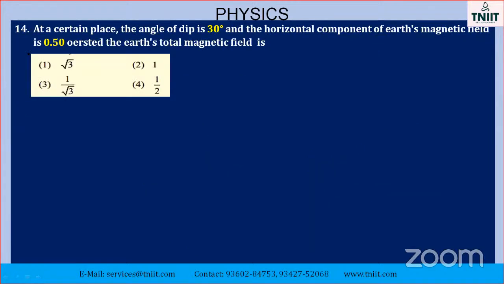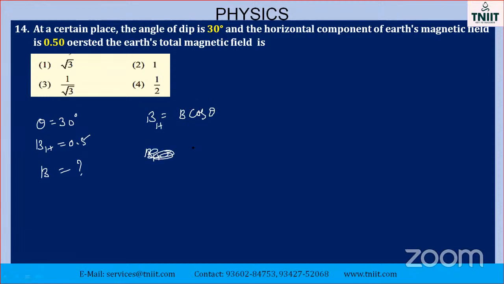At a certain place, the angle of dip is given. What is the angle of dip they have given? 30 degrees. The horizontal component BH is given as 0.50 gauss. What is the Earth's total magnetic field B? You know that the horizontal component BH is equal to B cos theta.